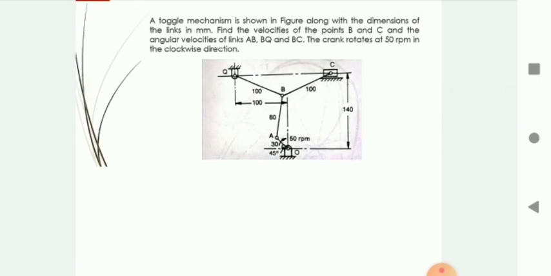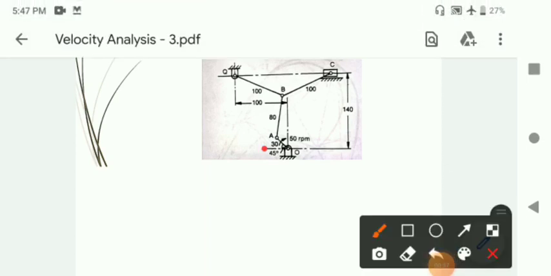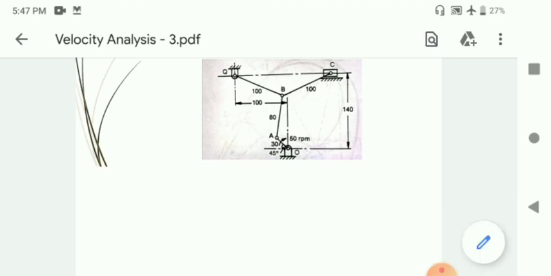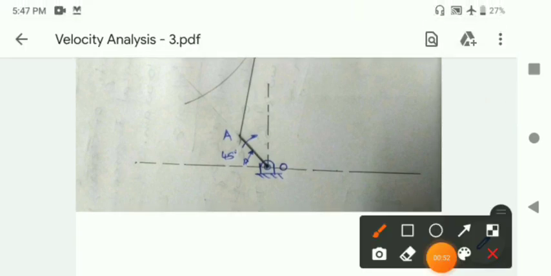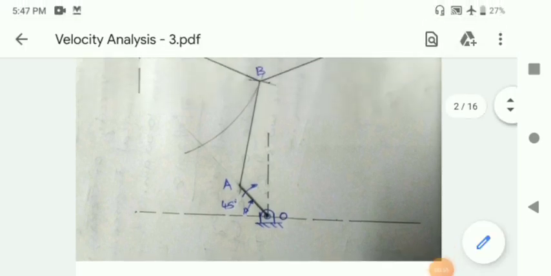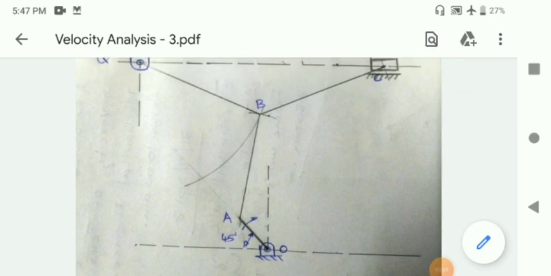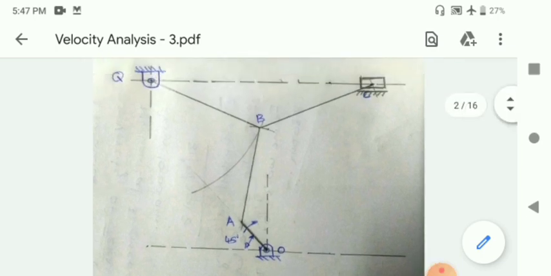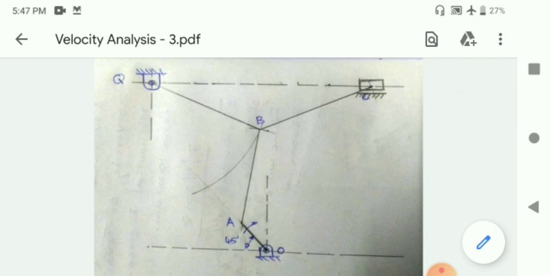So for example, if the crank has a length of 30 millimeters, it can be equated to 3 centimeters. So with a 3 centimeter length, you can draw the crank OA. Similarly, the other links. To draw this mechanism, you have to use a compass also. So using those instruments, you have to draw the mechanism.